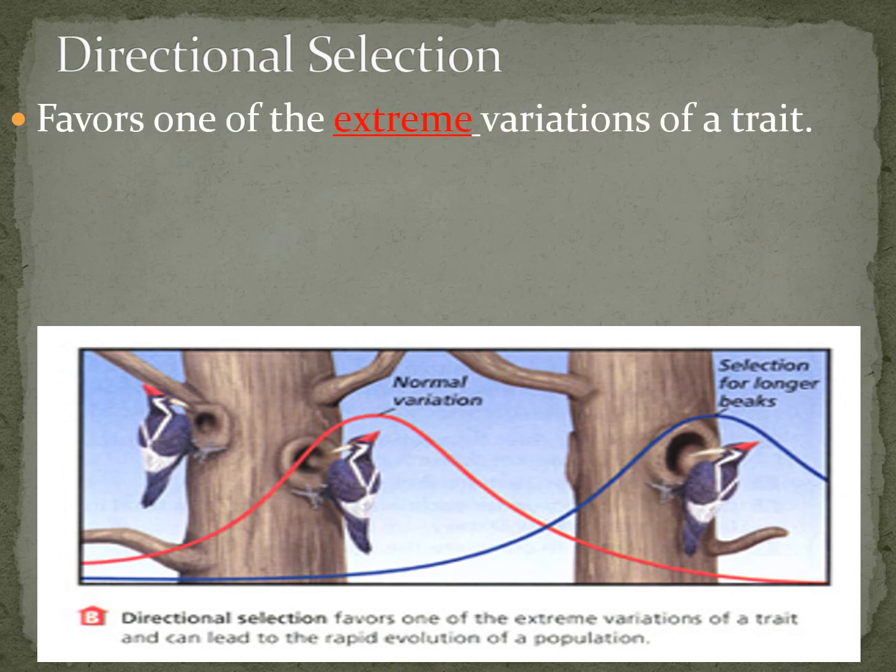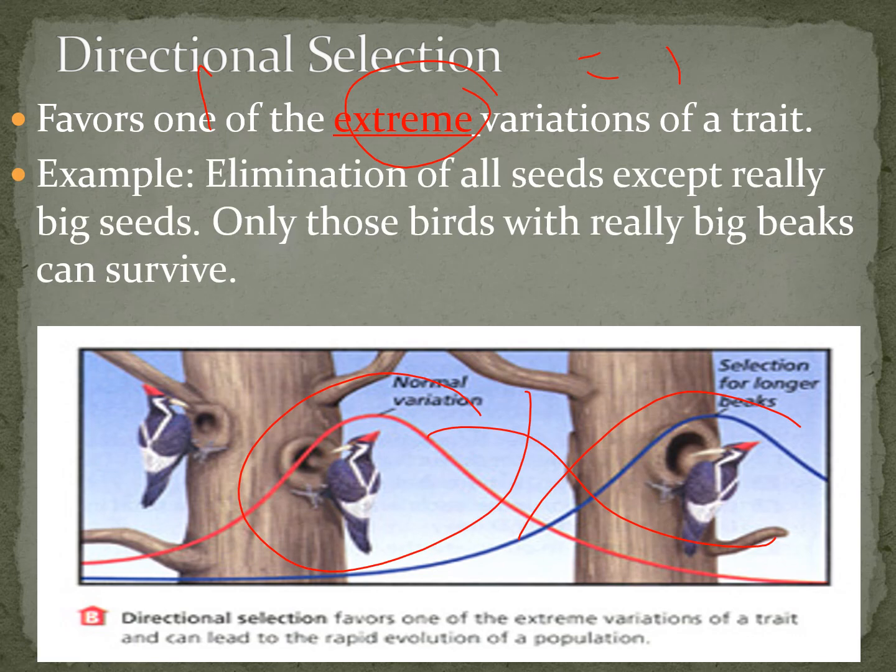So directional is when we favor one extreme. So we just go in one direction. So you see how we start off with red and then we went to the blue. So basically, you see how this is talking about the birds with really big beaks. But let's just say that everybody in here had black and white shirts on.